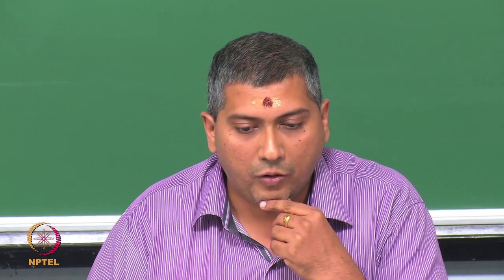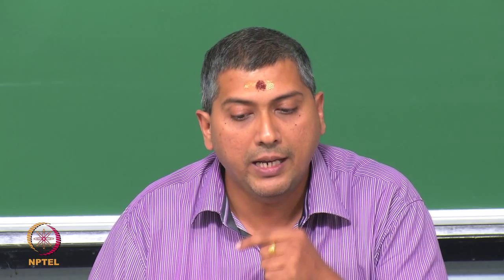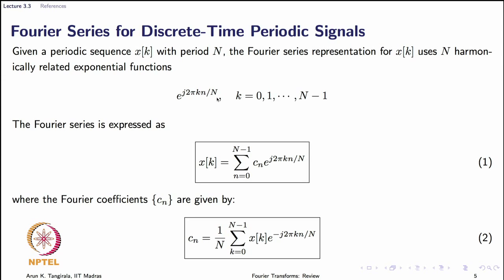This is the family of basis functions e to the j 2 pi k n over N. This big N now is a period, it is not the number of samples that you have and so on. And here n, it should not read k here actually, n runs from 0 to N minus 1, and the Fourier series of course is expressed this way, while the Fourier coefficients are given by this expression as you have seen in the table earlier.